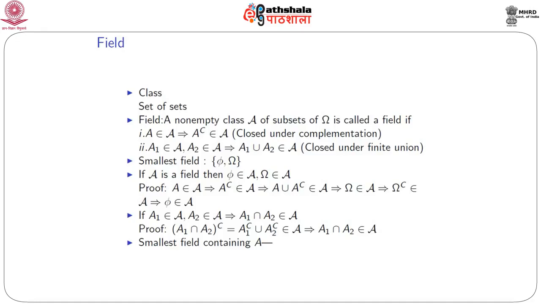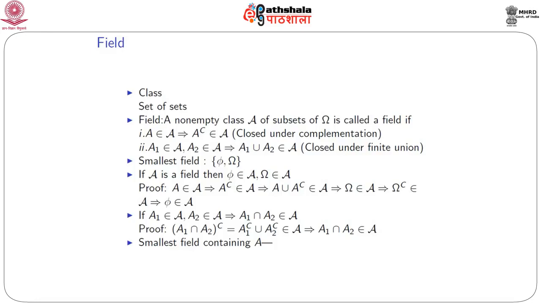Now, if I take the union of phi and omega, that will be omega, and omega once again belongs to script A. So, it is closed under finite union. Since both conditions are satisfied, this is a field, and not only a field, it is the smallest field.